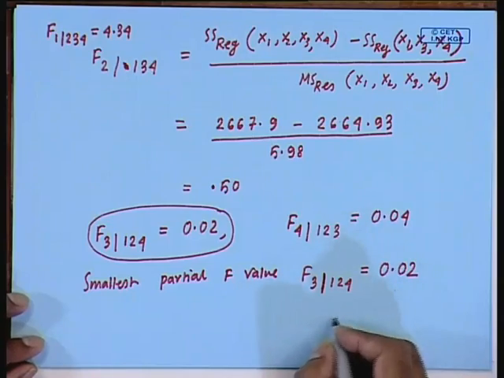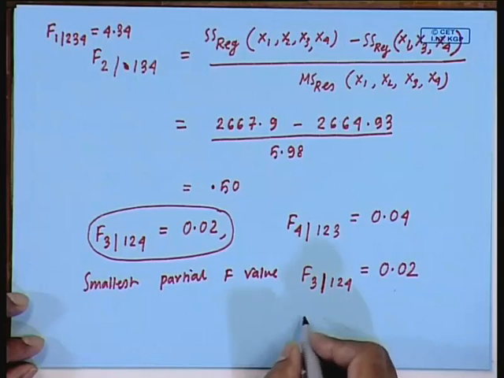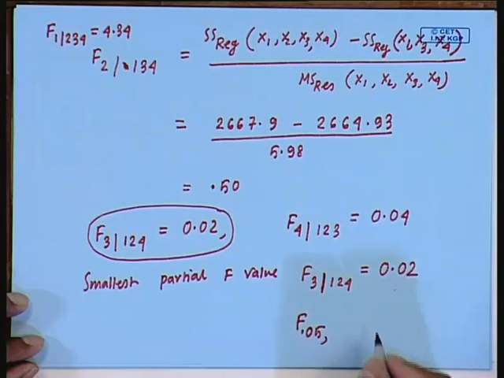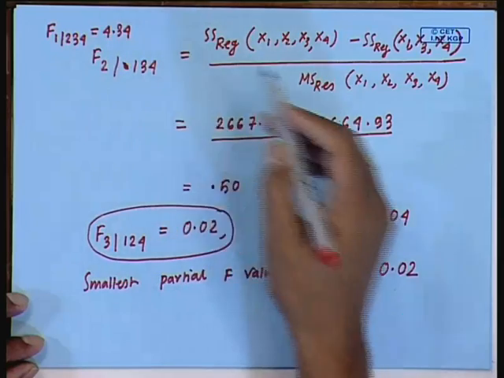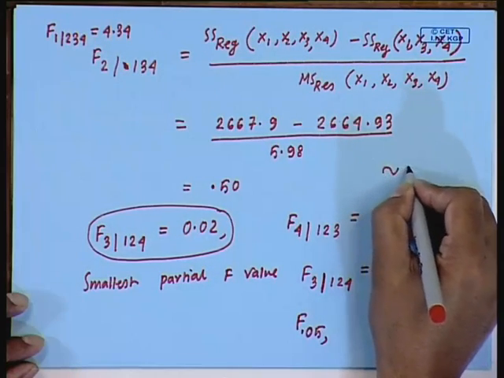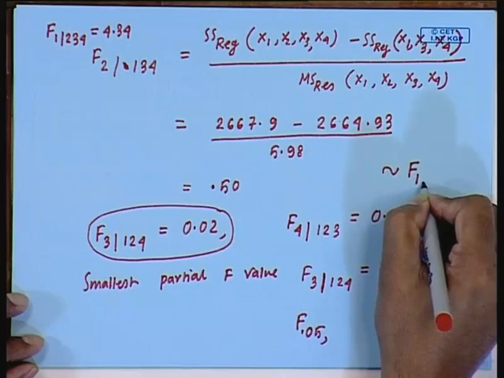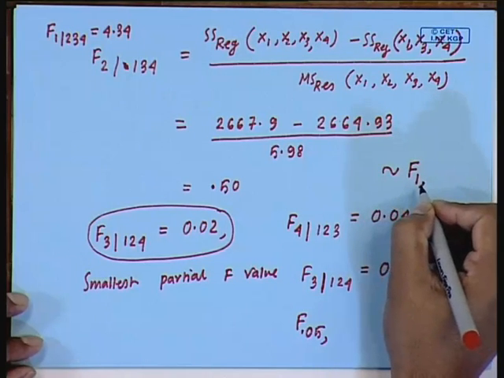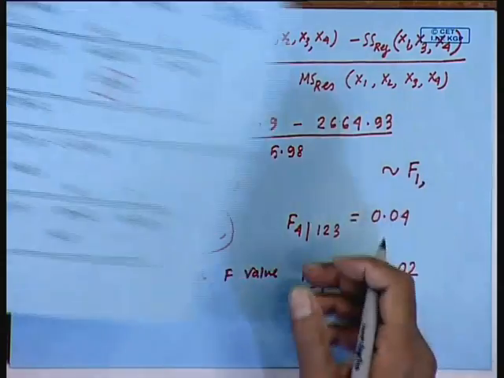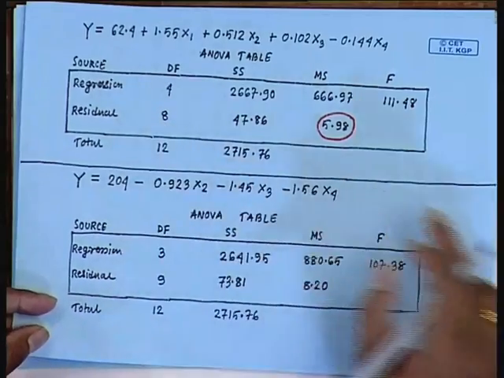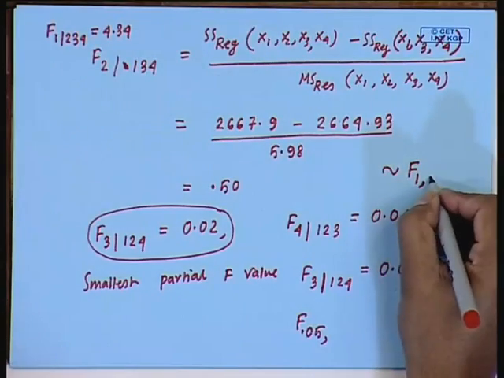So the tabulated value, or F out, here is F 0.05. So, we took alpha equal to 0.05 and this partial F statistic follows an F distribution with degree of freedom 1 and the error degree of freedom for the full model. For the full model, the error degree of freedom is 8. So, it follows F(1, 8).